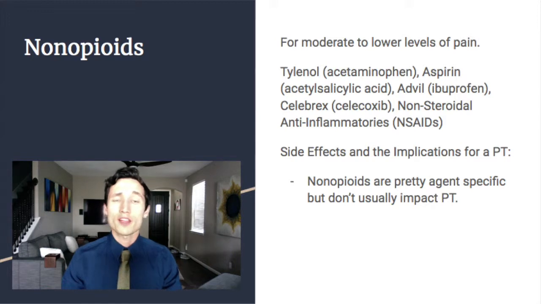Side effects and implications for PT. Non-opioids in general don't really impact the patient a whole lot, so they don't really impact our care or the physical therapist in general.